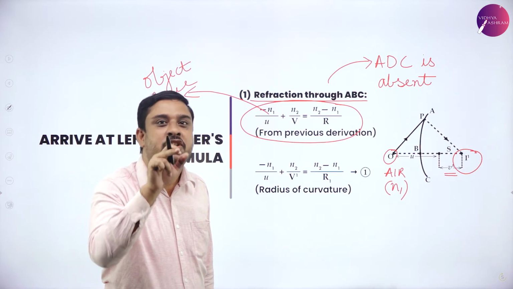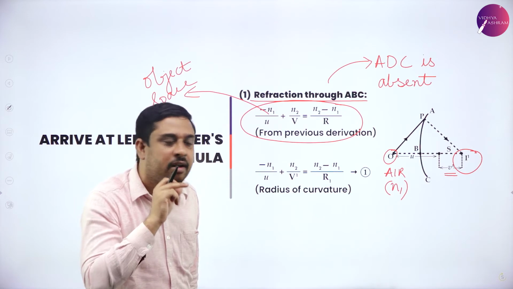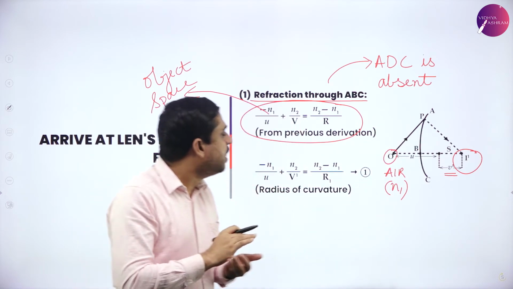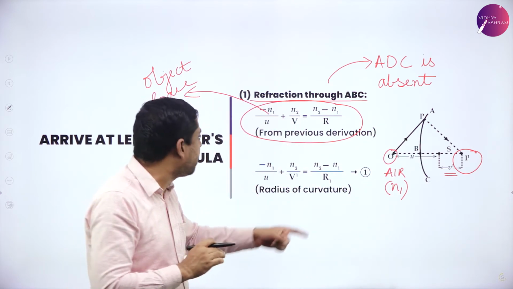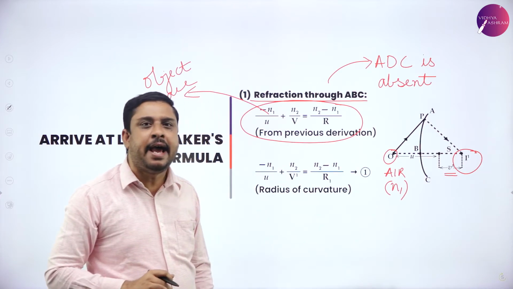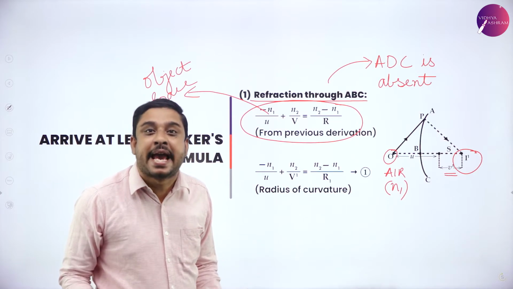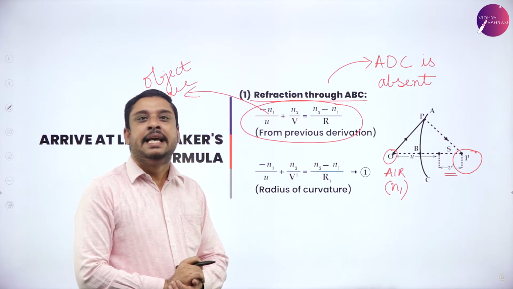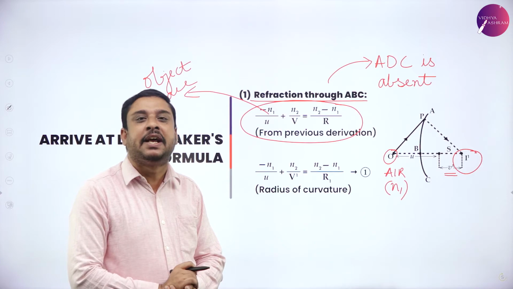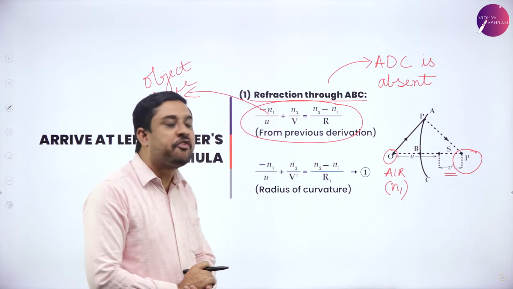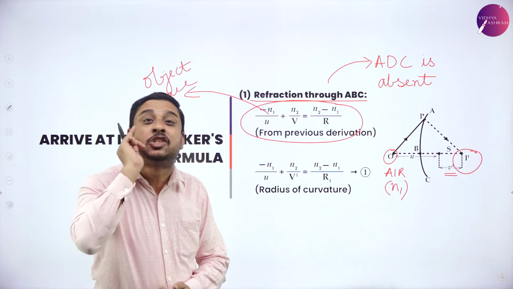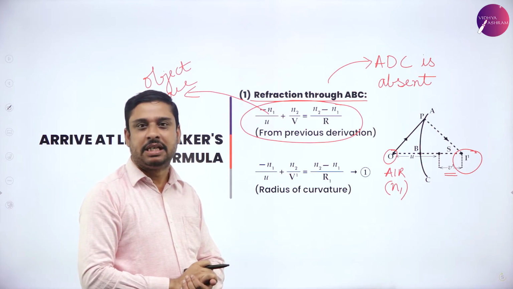Medium in which image is formed, anta. Here again, image is formed in air. But did they put n2? No. Image space means it is the refractive index of the medium which is causing the image.